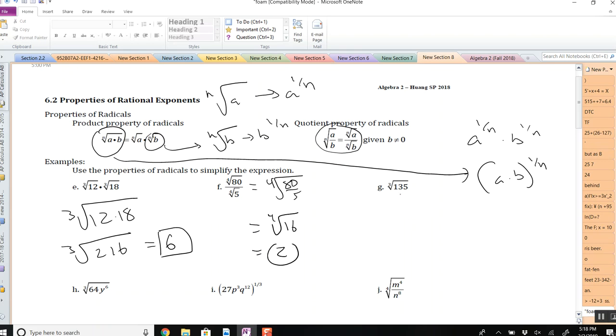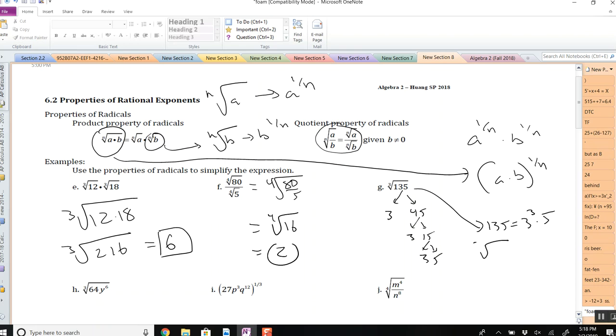Now, sometimes we run into a situation like this, 135. I can't think of three numbers that multiply to 135, but I could break it up like this. If I divide by 3, I get 3 and 45. If I divide 45 by 3, I get 3 and 15. If I divide the 15 by 3, I get 3 and 5. So apparently 135 is the same thing as 3 cubed times 5.